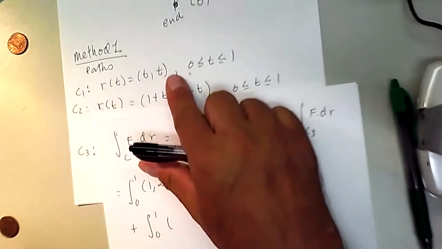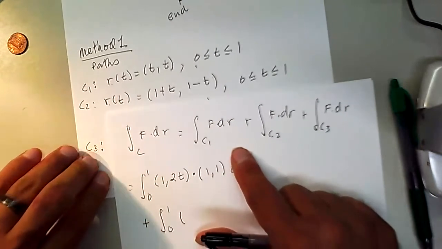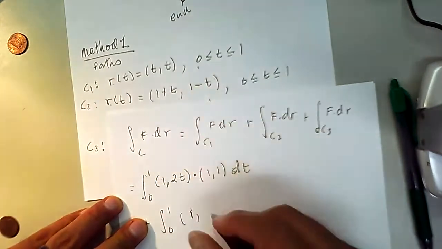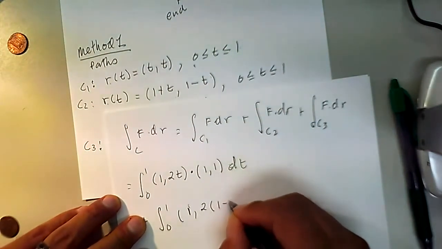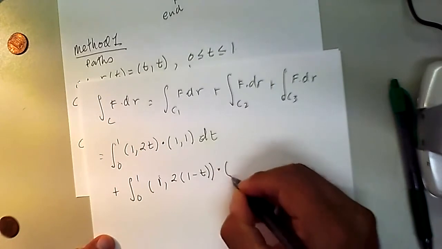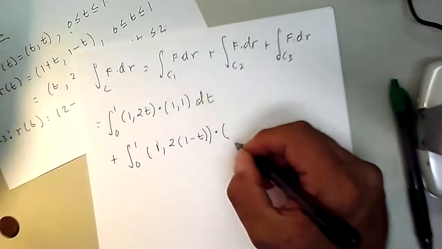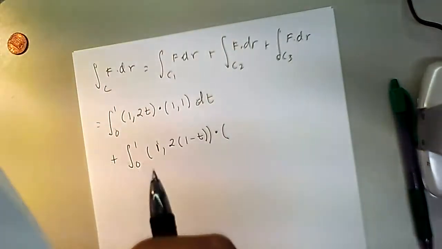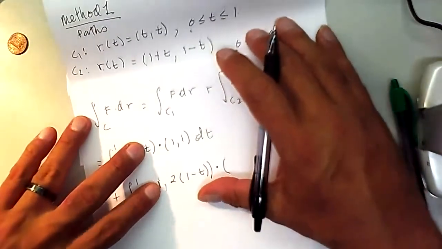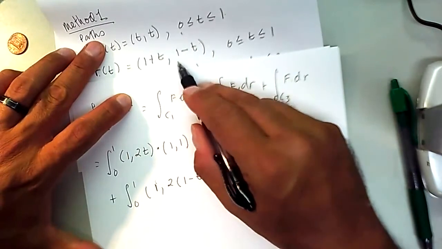So remember, the vector field is 1 comma 2y. So here we have 1 comma 2 of those, x, y, to quantity 1 minus t, close the parenthesis of the vector, dotted with r prime. R prime, well, on the second path, r prime would be 1 comma negative 1.